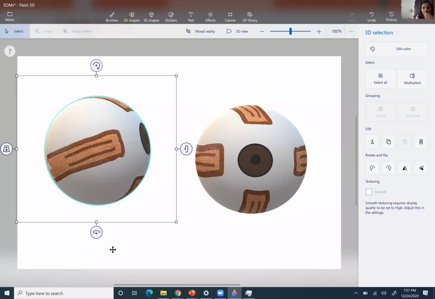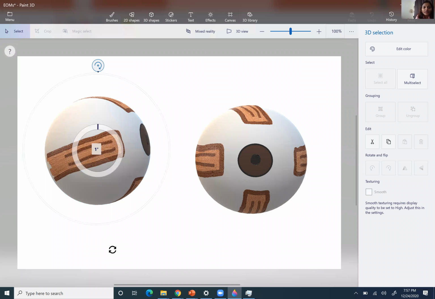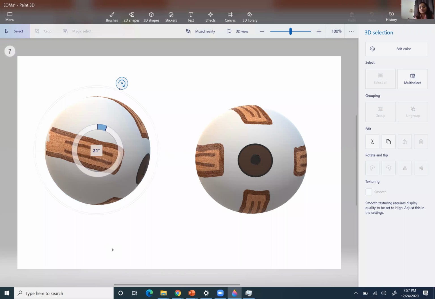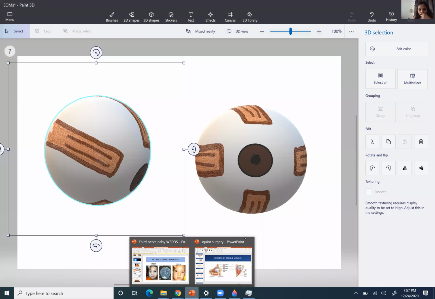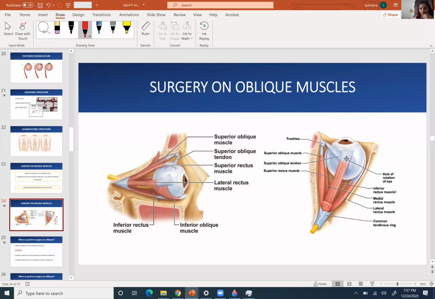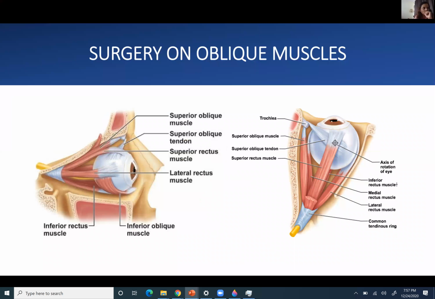It is inserting superiorly, but it is posterior to the equator. So what is it doing? When it contracts, it is elevating the posterior part of the globe. But in turn, the anterior part depresses. So that's how inferior oblique elevates the eye and superior oblique depresses the eye. I hope that is very clear. Okay. So when inferior oblique contracts, it elevates the eye, and when superior oblique contracts, it depresses the eye.